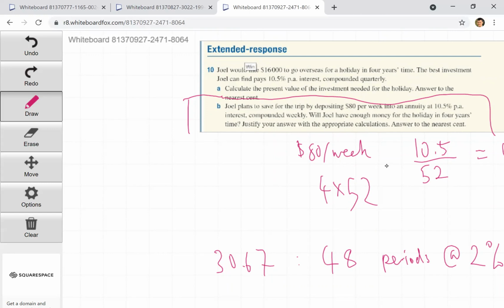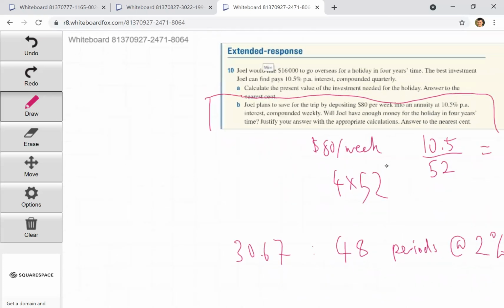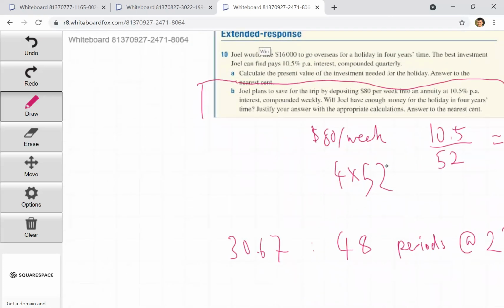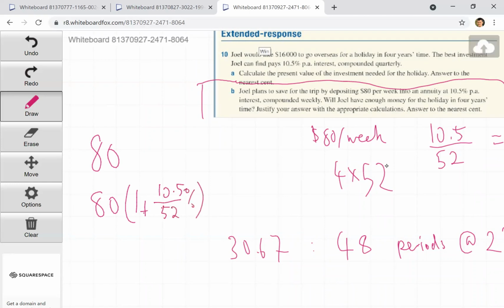What values am I doing then for that? So after the first week, you have like $80, yeah? And after the second week, the first $80 gathers 1 plus 10.5 on 52% interest, right?